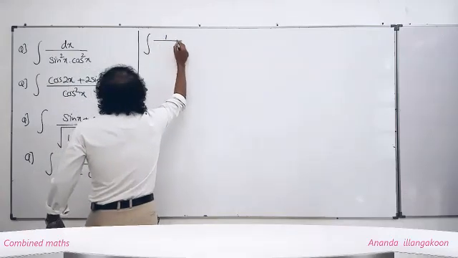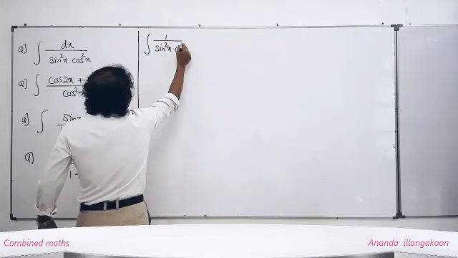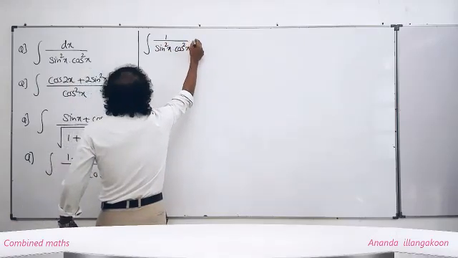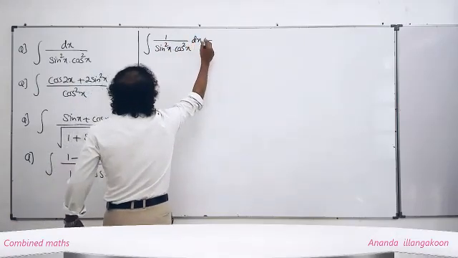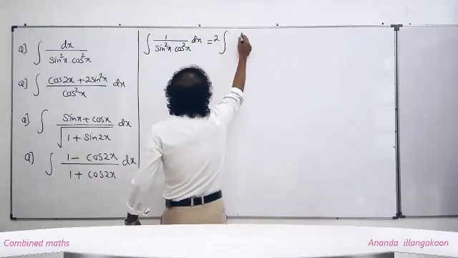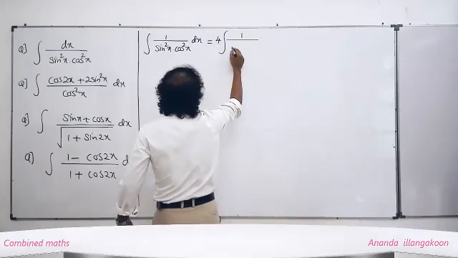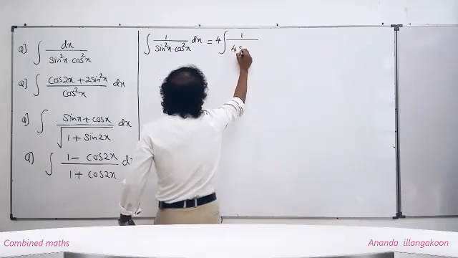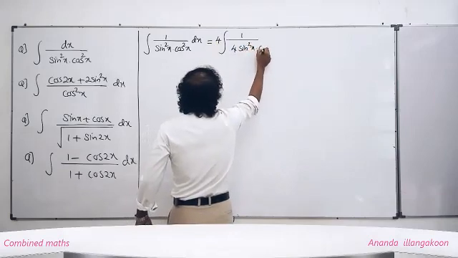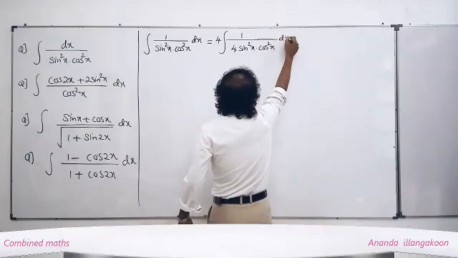One upon sine squared x cos squared x dx. You can write this one as, I multiply this by 4 and divide by 4, 4 upon 4 sine squared x times cos squared x dx.